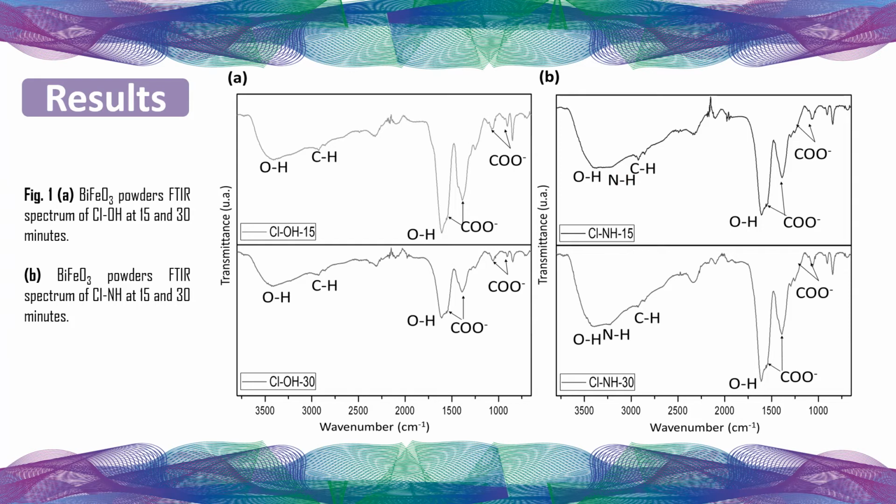However, a small signal is observed in the range of 3000 to 3014, overlapping with the stretching band of the hydroxyl group. This is the signal corresponding to the ammonia group stretching band.